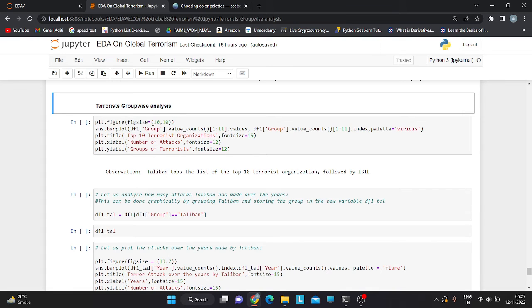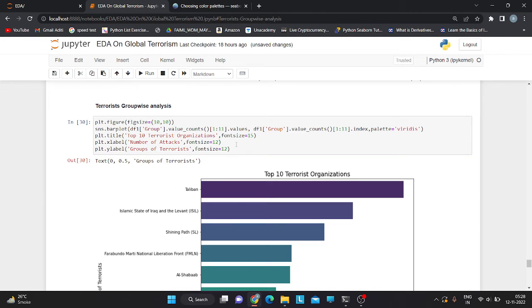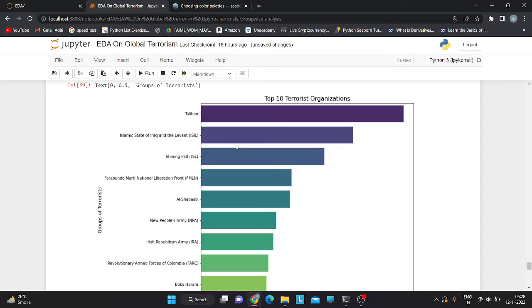So there are certain terrorist groups which are active globally. We will see which terrorist groups have harmed the most, and for that we are going to plot a figure. After plotting this, we get the top 10 terrorist organizations. So there are many terrorist organizations functioning globally.